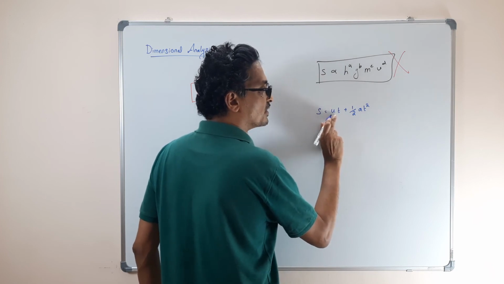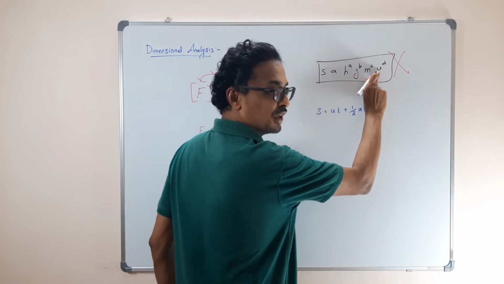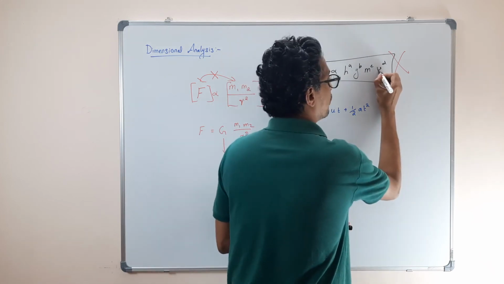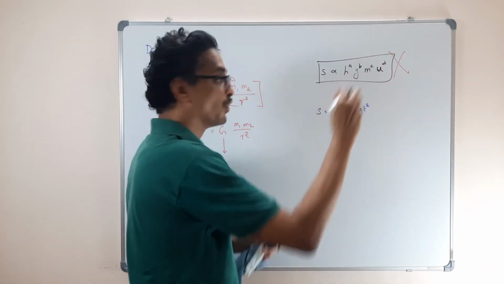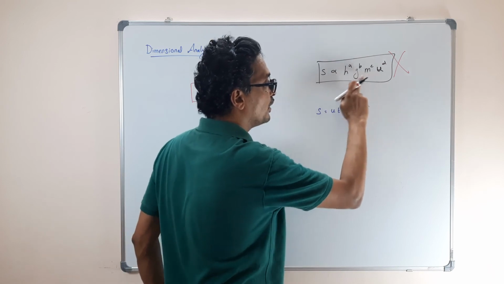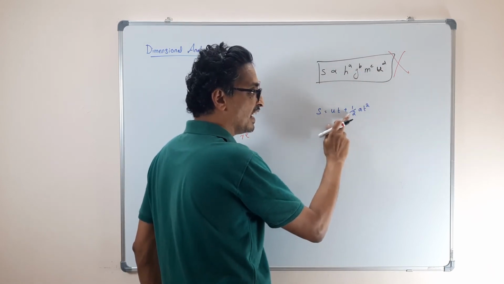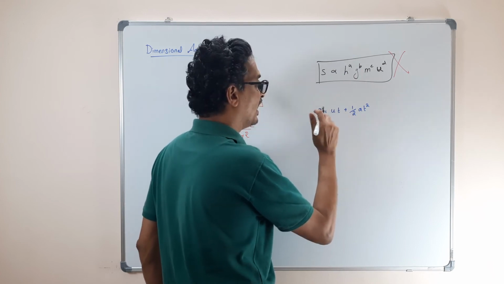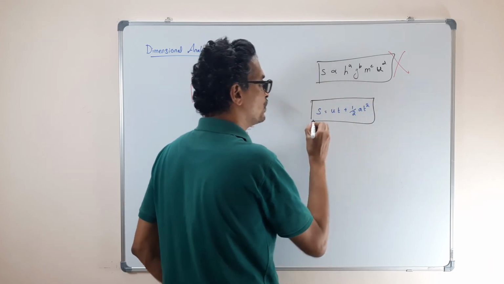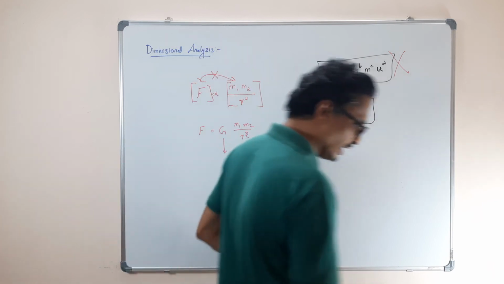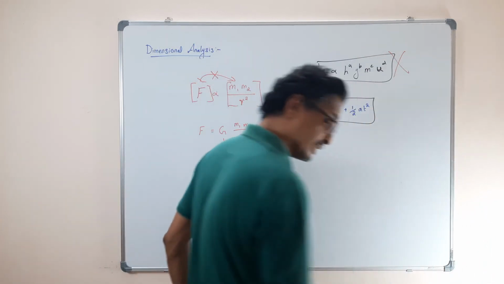Sorry, I wrote it as v here, but it is u, the initial velocity. Am I right? So we have wrongly written u as a product of all these quantities, but u comes in as an additive term. Under these conditions, dimensional analysis can fail. So these are the limitations of dimensional analysis.